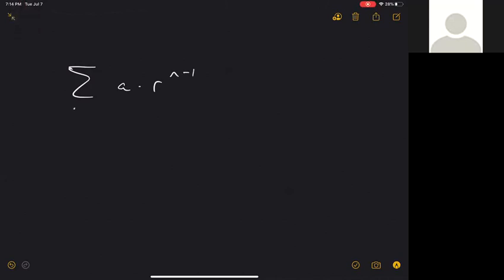If you're looking at this series, notice that the only time we see n inside the series is in this exponent right here, and that should be a clue.